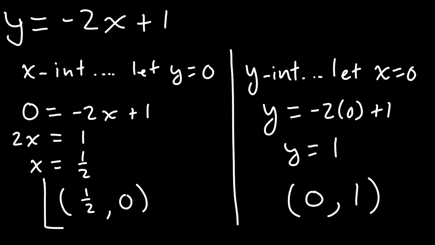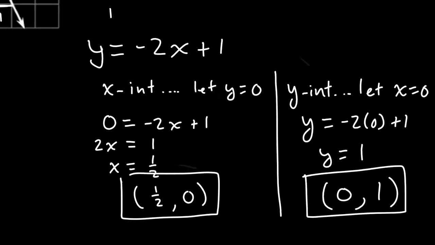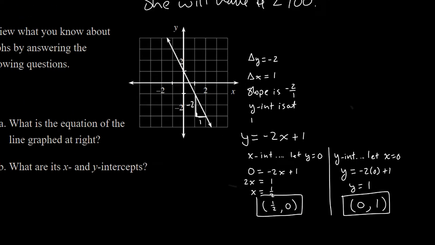So here is my x-intercept, here is my y-intercept. And you can see how I found this. This is a pretty easy case because the equation was relatively nice and I could just look at the graph and see that. But if it's more complicated, I really recommend remembering if you're finding the x-intercept, let y be 0, and if you're finding the y-intercept, let x be 0.